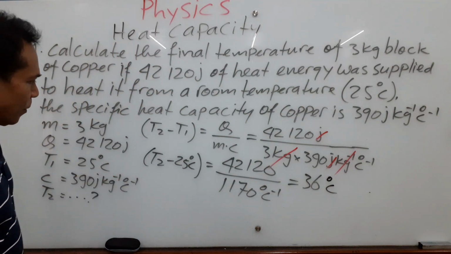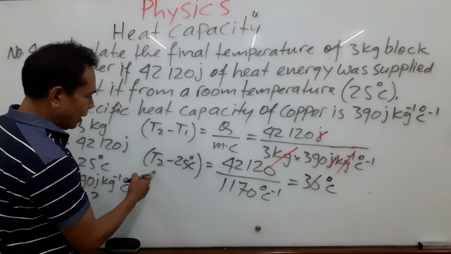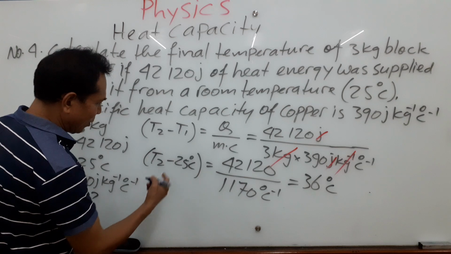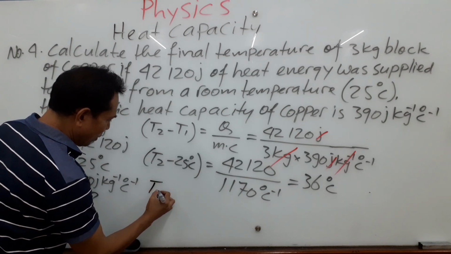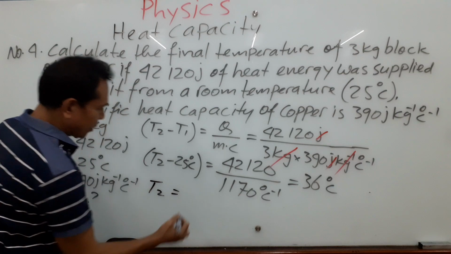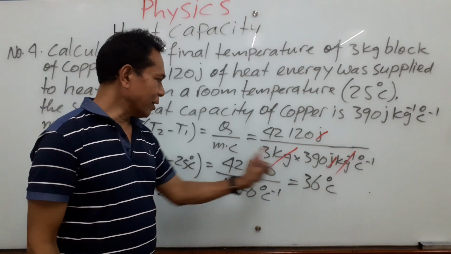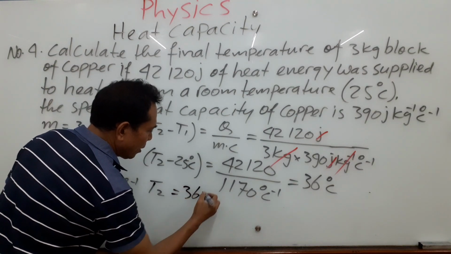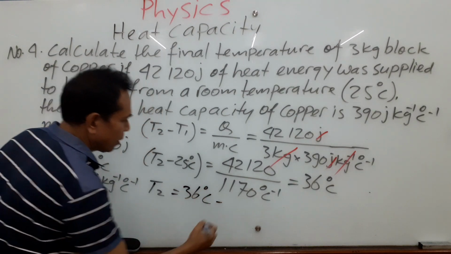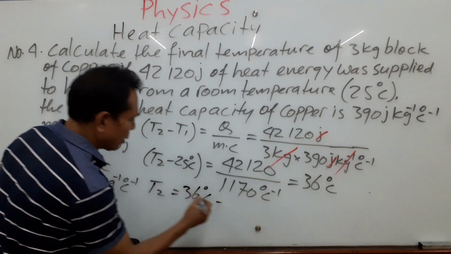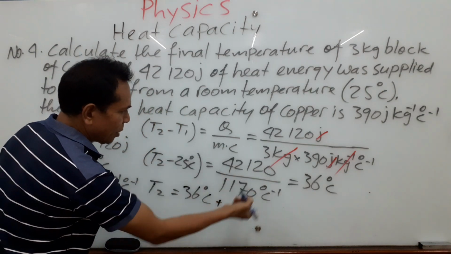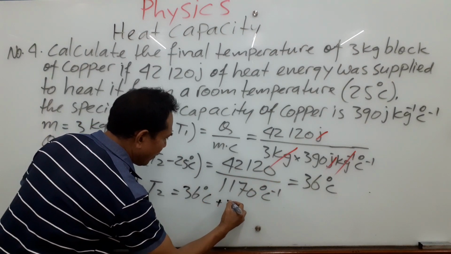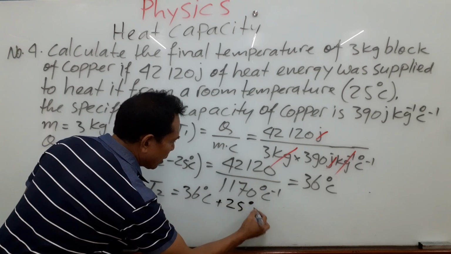Now we look here. What do we have in here? T2. We take T2 out to be the subject. So T2 equals, okay, and then we bring this in. 36 degrees Celsius plus, this is minus, becomes plus when it moves to the right side of the equal sign, plus 25 degrees Celsius.